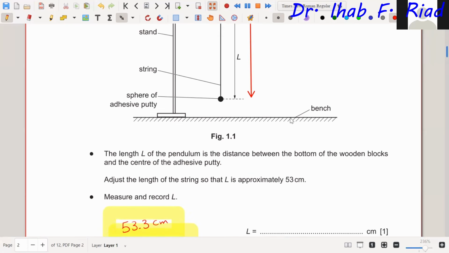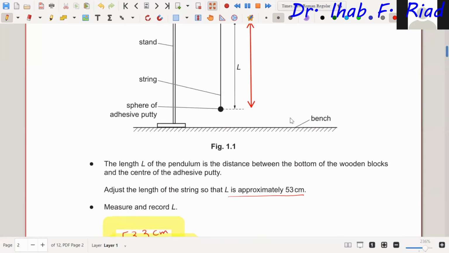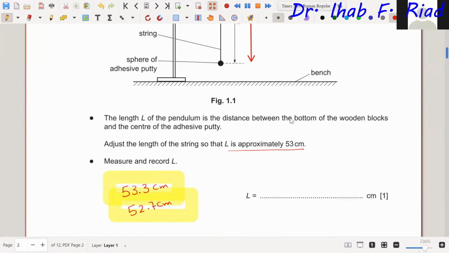He told us to adjust the length of the string so that L is approximately 53 centimeters. So you are going to adjust this length, increase it or decrease it as needed, so that it is approximately 53 centimeters.